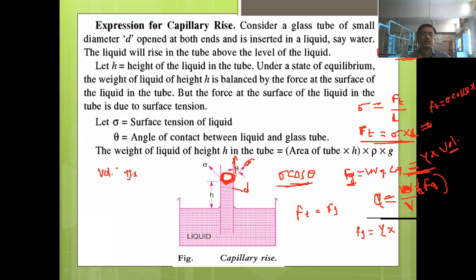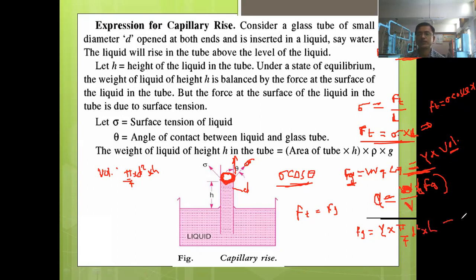Correct. The area of circle multiplied by height, pi by 4 d square into height h, will become the volume of cylinder. So here, instead of writing volume, I can write pi by 4 d square into h.